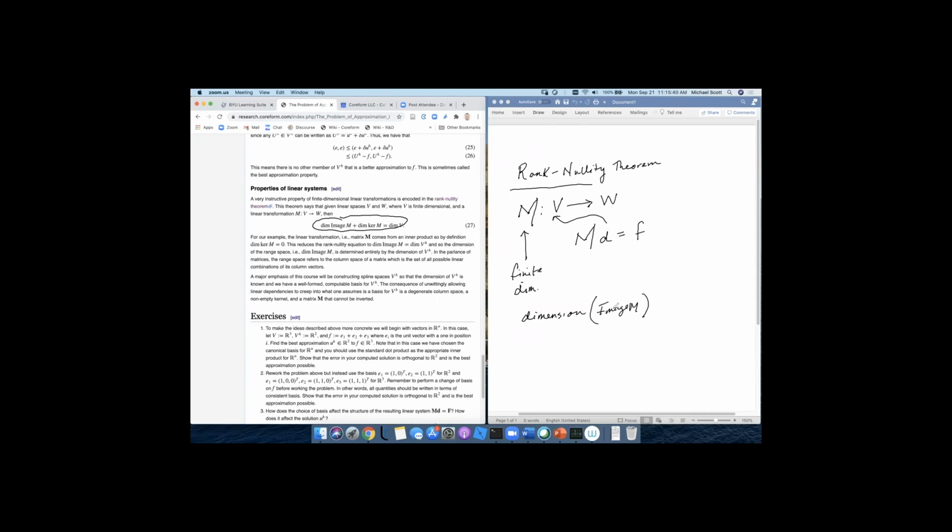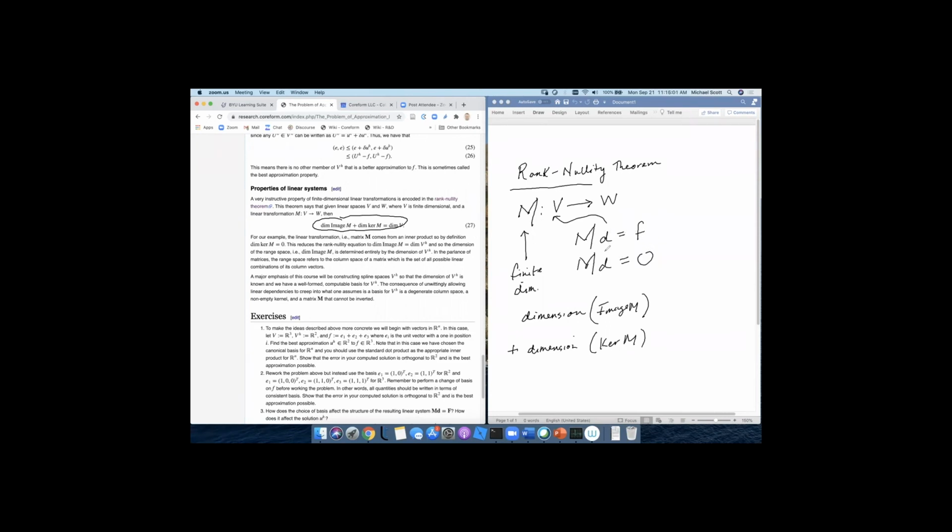So if you can figure out the dimension of this guy, and then you add the dimension of the kernel of M, and remember the kernel is all vectors D that are mapped to 0, right?